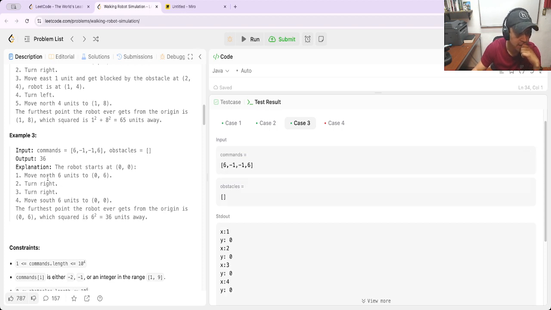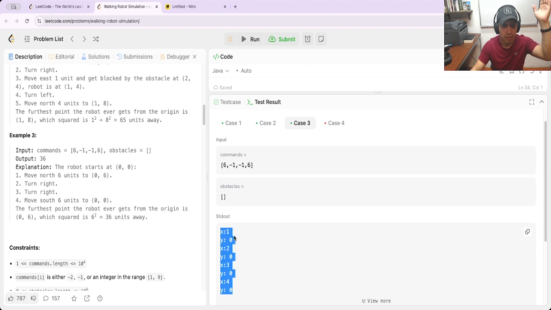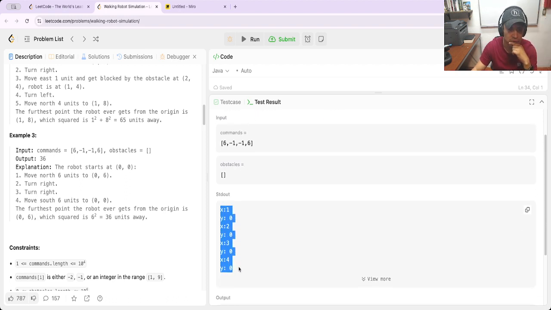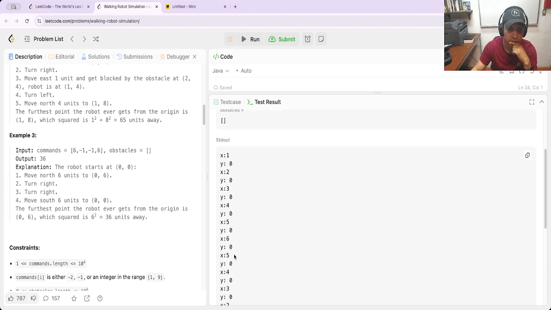Okay, 6 units. Okay, 1 2 3 4 5 6. Okay, reach this value. Next is turn right. Next is turn right.